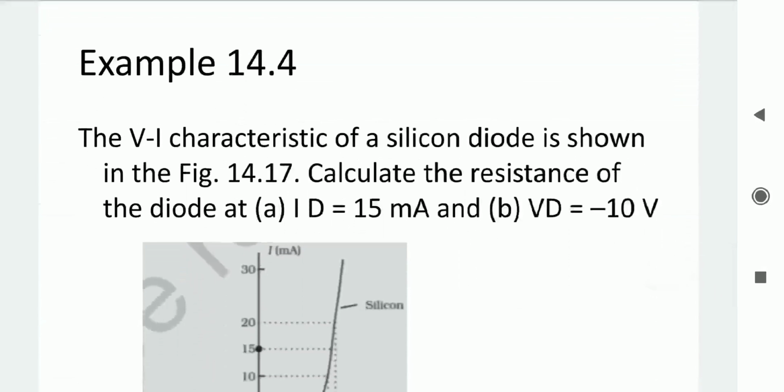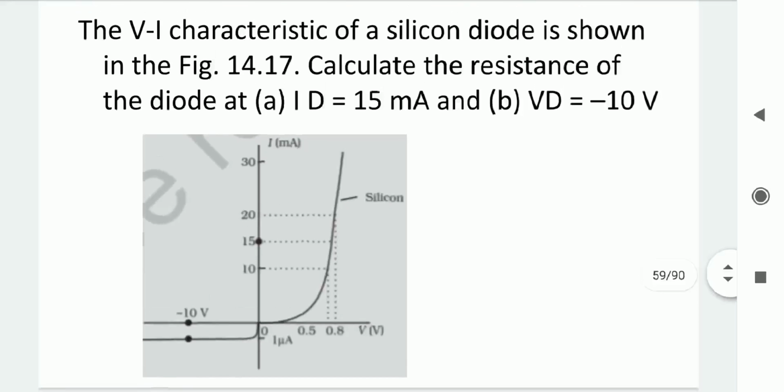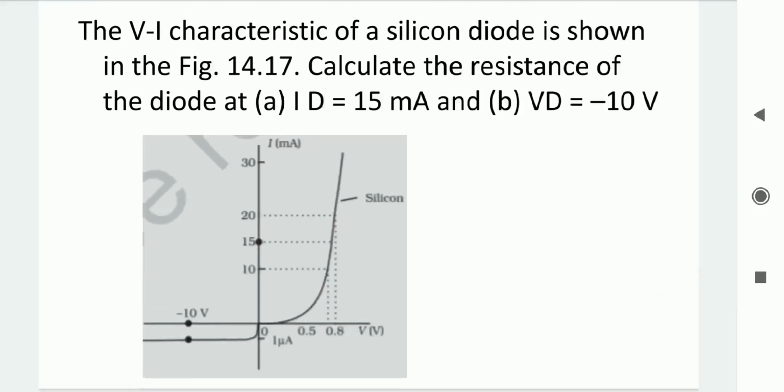The VI characteristic of a silicon diode is shown in the figure. Calculate the resistance of the diode at diode current ID equal to 15 milliampere and diode voltage equal to minus 10 volt, as shown in the diagram. That VI characteristic is also shown.